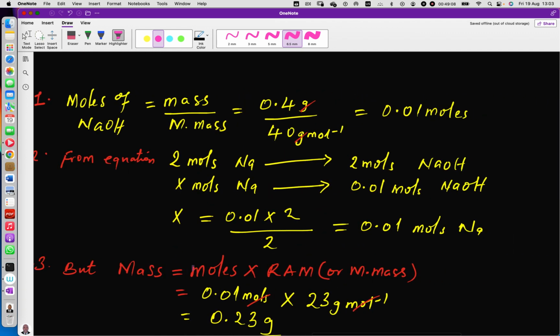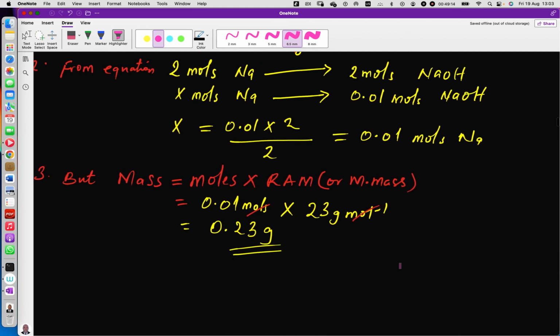The number of moles we had was 0.01, times the relative atomic mass of sodium, which is 23. Moles cancel per mole. So 0.01 times 23 will give us 0.23 gram of sodium that is required.